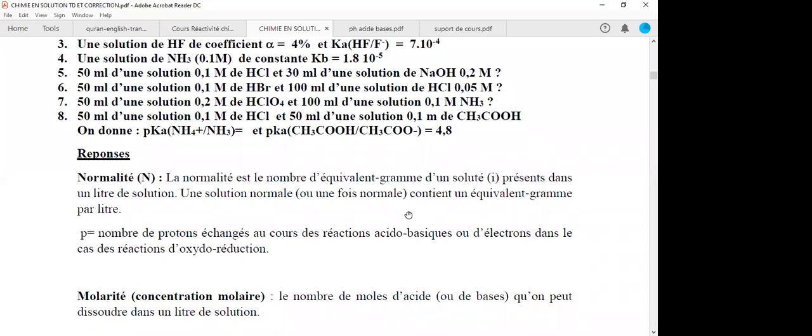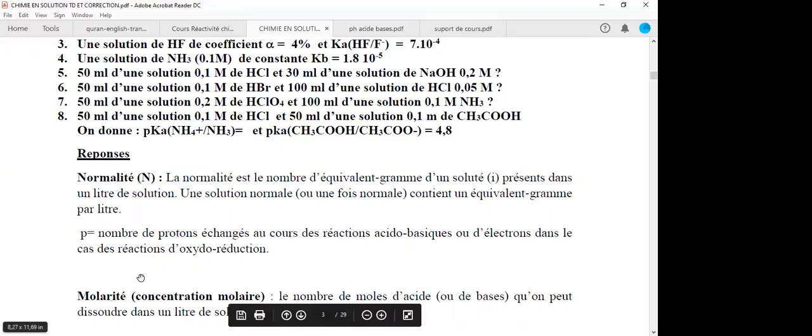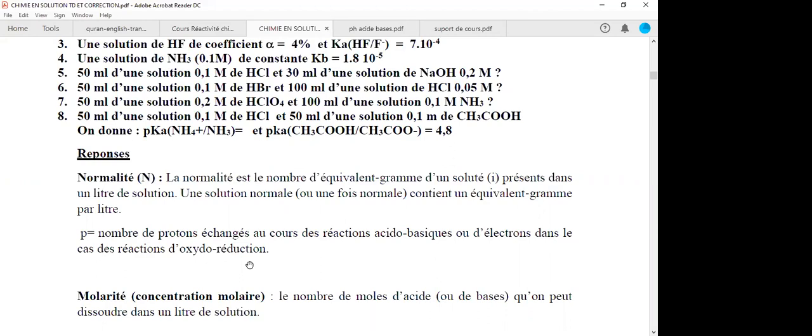Une solution normale contient un équivalent gramme par litre. So P is equal to the number of protons exchanged during acid-base reactions, or of electrons in the case of oxidation-reduction reactions. We just did the definition of normality, but we didn't do examples.